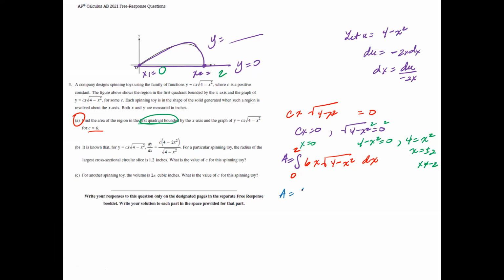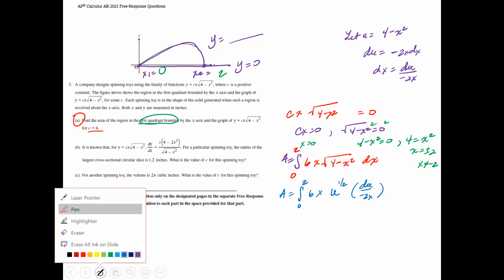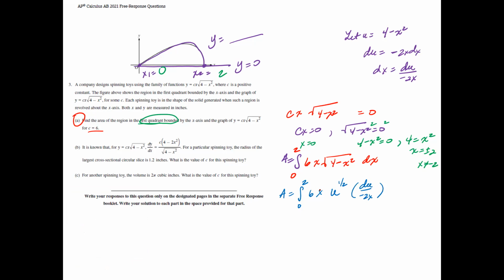So then let's go ahead and replace this. So area equals integral 0 to 2, 6x u to the 1/2, changing your dx to du over negative 2x. So lucky for me, I can go ahead and cancel out the x. That cancels, and the 6 and the negative 2 cancel, and I'm left with a negative 3.